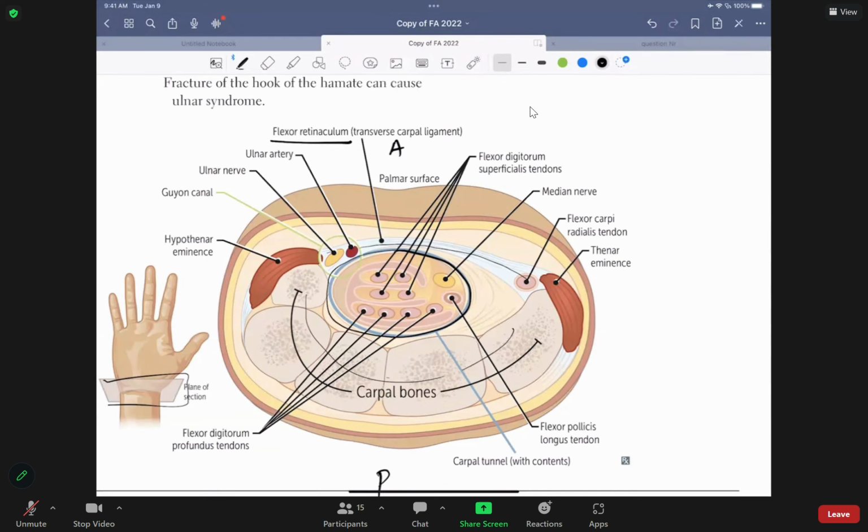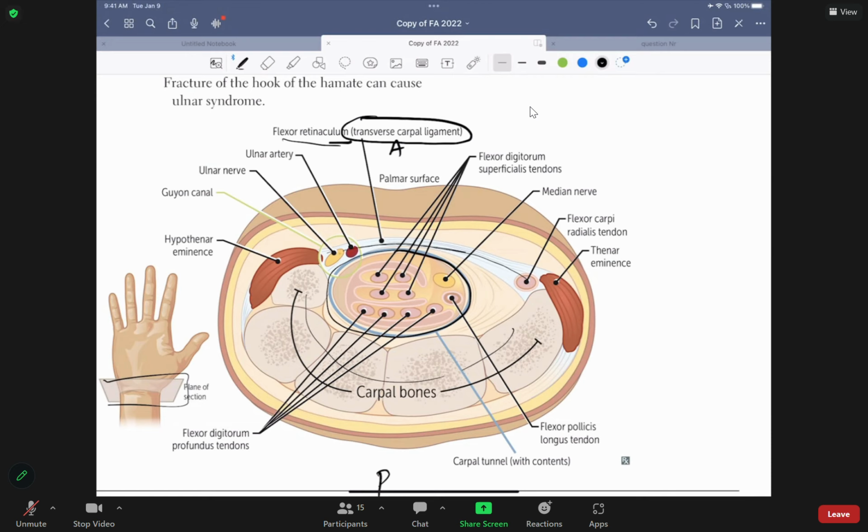You need to know that it's flexor retinaculum. It has another name, transverse carpal ligament. I was told that in the exam, they don't use the word flexor retinaculum, but they use the words transverse carpal ligament. So even if you know flexor retinaculum and you don't know it has another name, you are done. Okay, that's transverse carpal ligament.